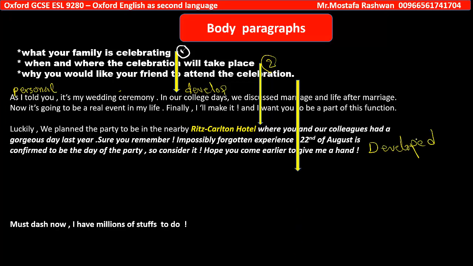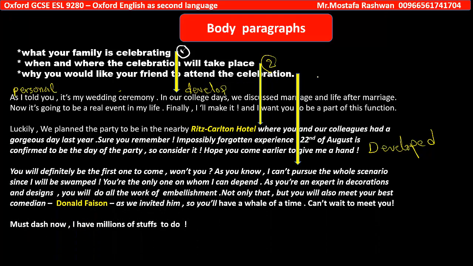Bullet point 3 is why you would like your friend to attend this celebration. The third bullet point is always, or almost always, the point that takes much more time writing, and also it's always the extended paragraph, so try to write some more sentences in the last bullet point.